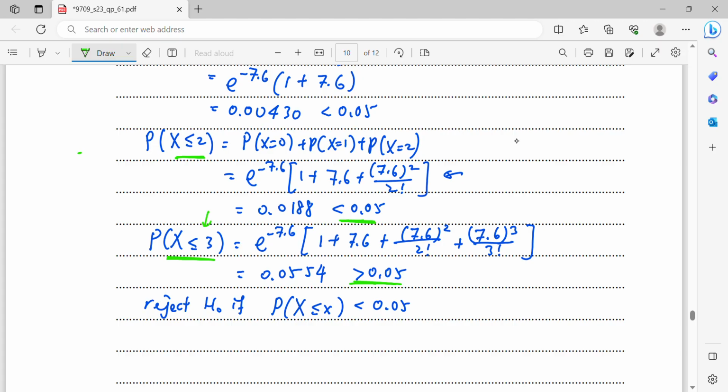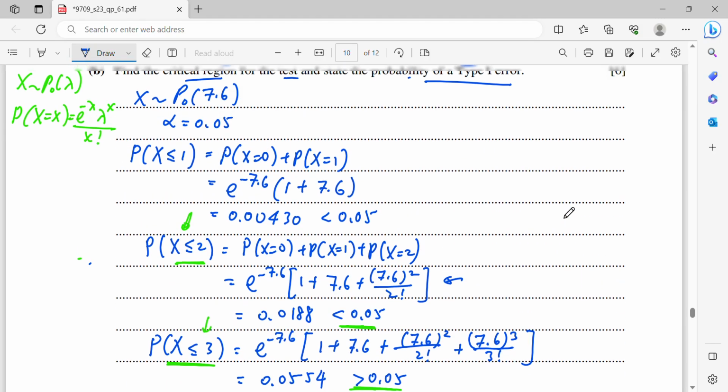That means your critical region is x less than or equal to 2. Alright, so we have done the first part.